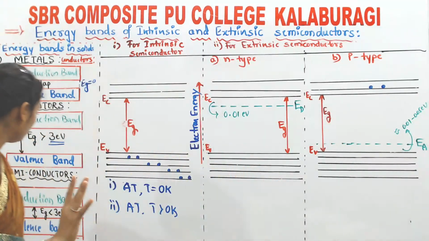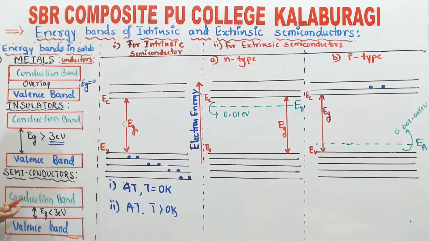Coming to the next one, semiconductors. In semiconductors, you can see the valence band and the conduction band are separated by an energy gap which is less than 3 electron volt. This much energy is not a big amount of energy.